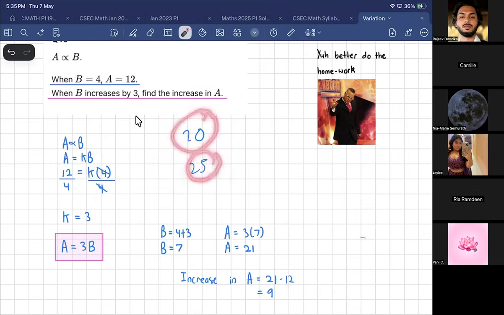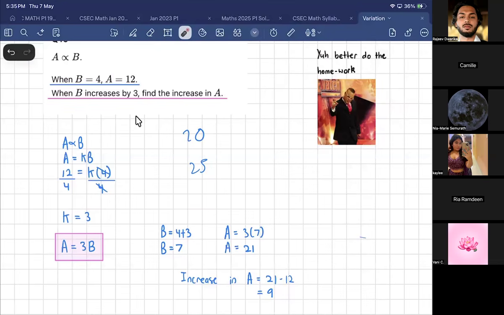So if they want me to find the increase in A, then you're comparing the original value of A to the new value. Exactly. And the new value is going to happen when B is equal to what? 7. Yes.